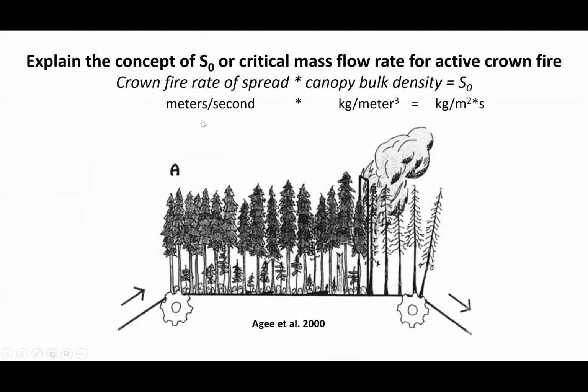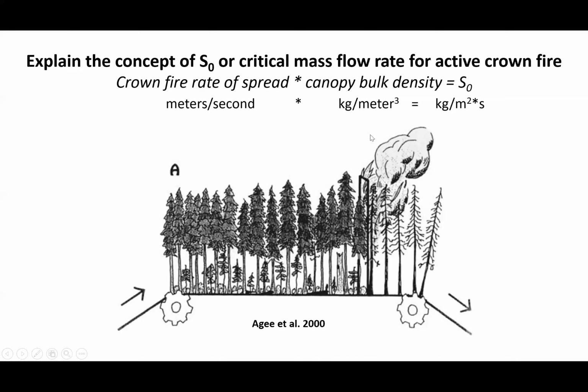So rate of spread in meters per second times the bulk density in kilograms per cubic meter tells us how many kilograms of fuel we need to burn every second within this vertical plane. In this concept from this old paper, you can see this vertical plane, and we can imagine the forest moving through it, and we need to move the forest through it fast enough to burn enough fuel and produce enough energy to sustain that fire in the canopy.